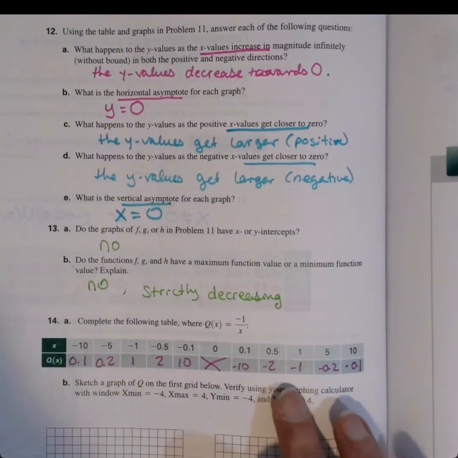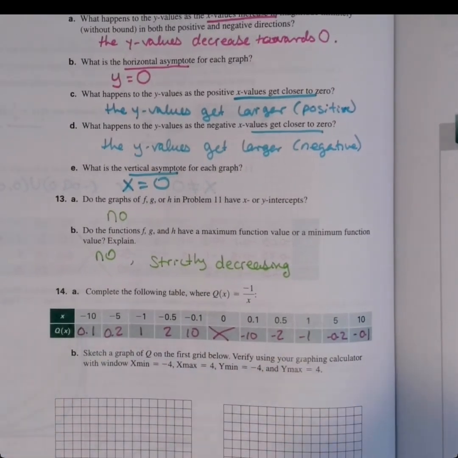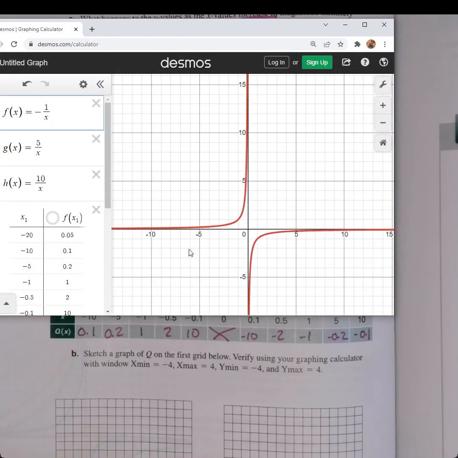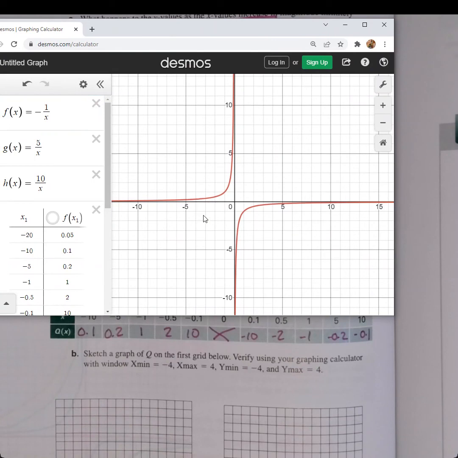Okay. Sketch the graph of q on the first grid. So let's move my Desmos graph over. Here we go. I'm going to turn off my data plots. As you can see, instead of being in the upper right and lower left, now we're in the upper left and lower right, or quadrants 2 and 4 instead of quadrants 1 and 3.